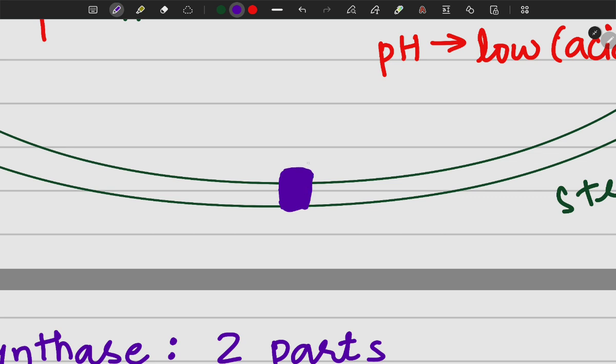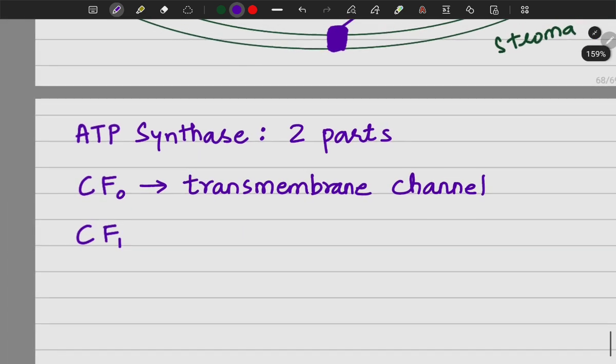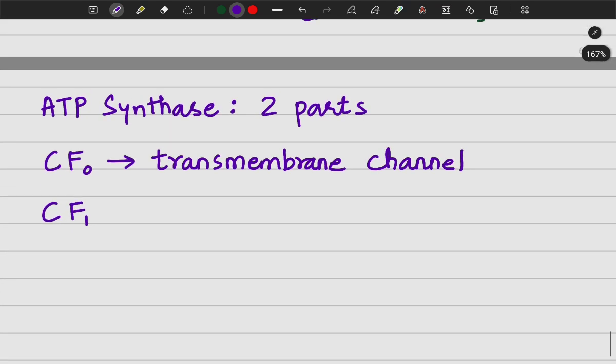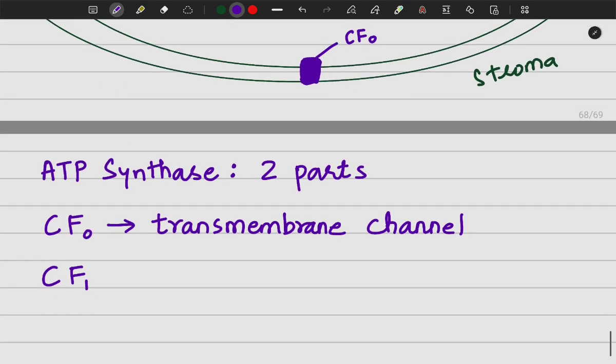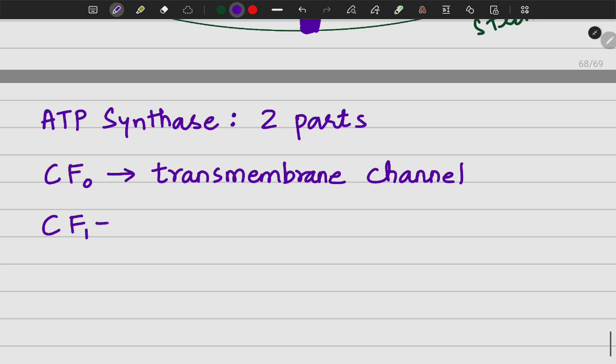So this is one part of the ATP synthase enzyme, CF0, and then there's another part which is the CF1. It protrudes out from the membrane and it faces the stroma.